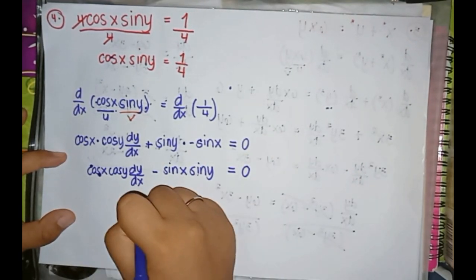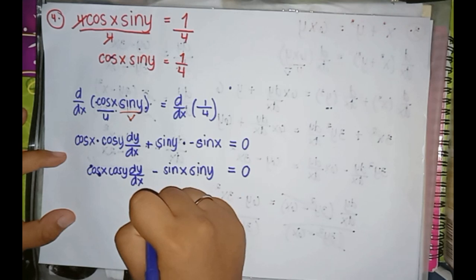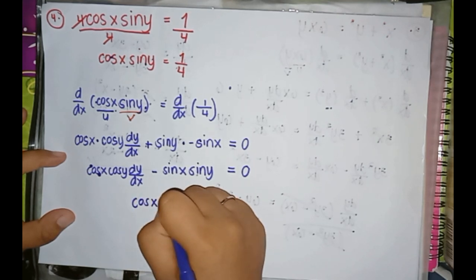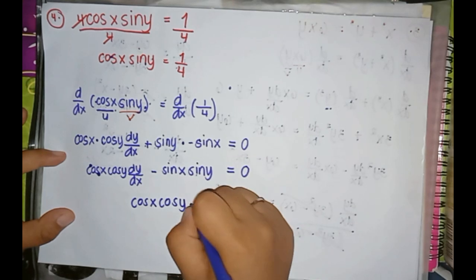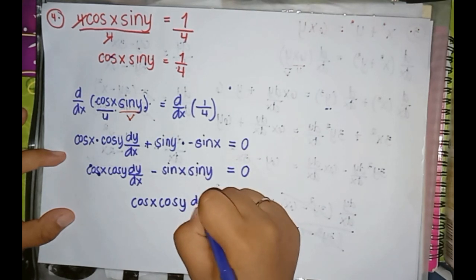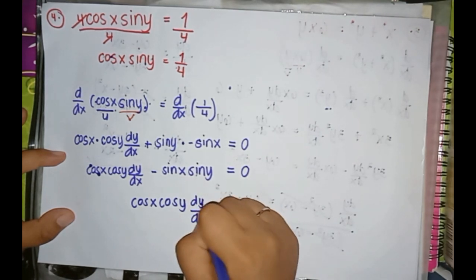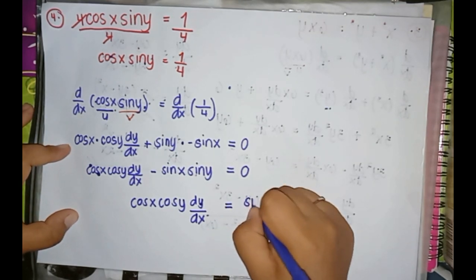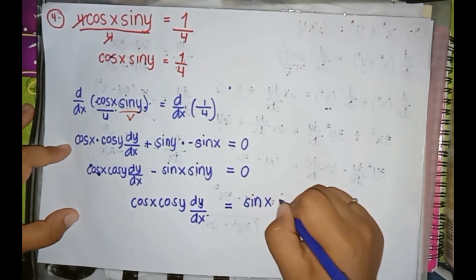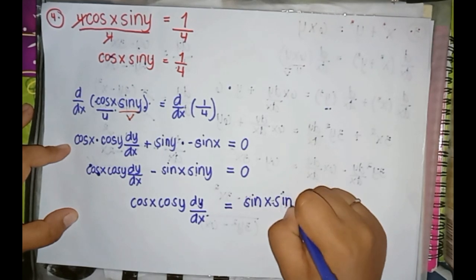So right now we are left with cosine of x, cosine of y, dy over dx is equal to sine x sine y.